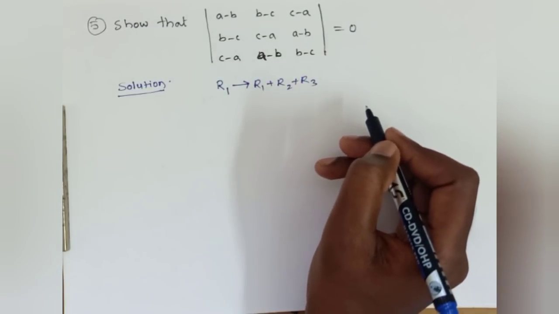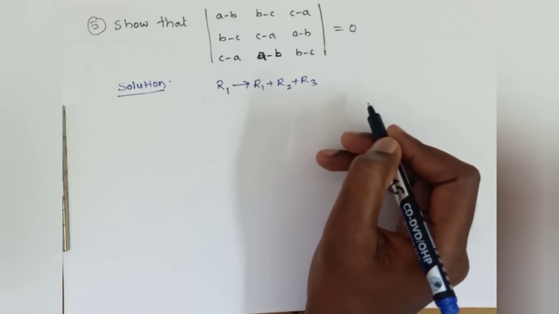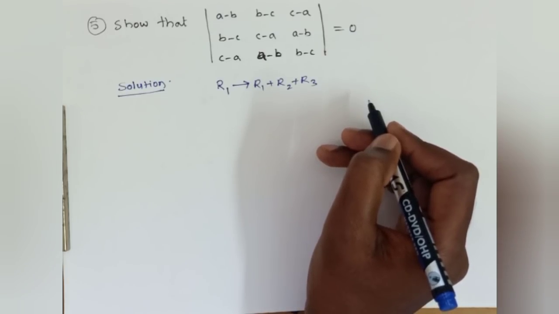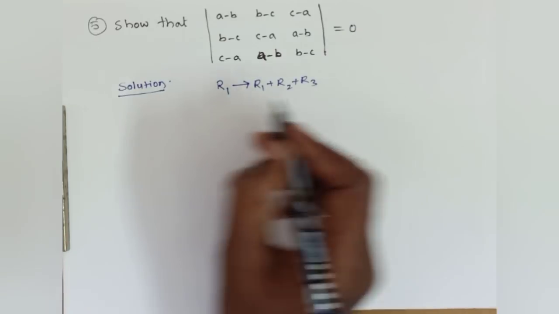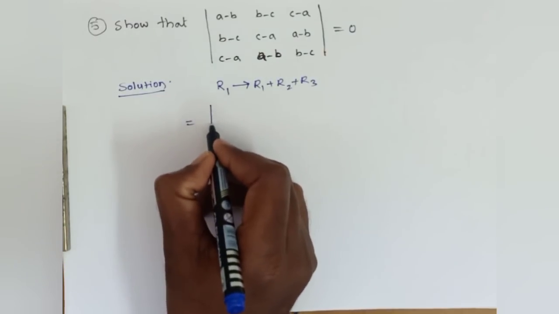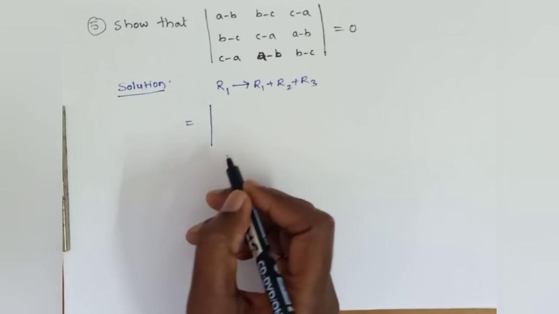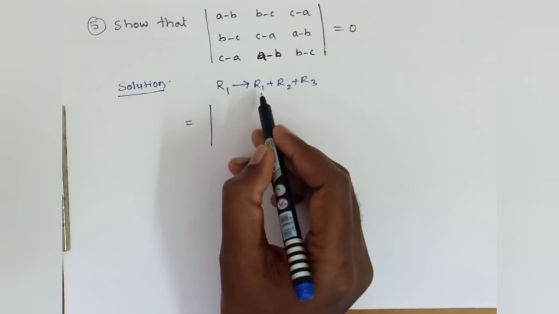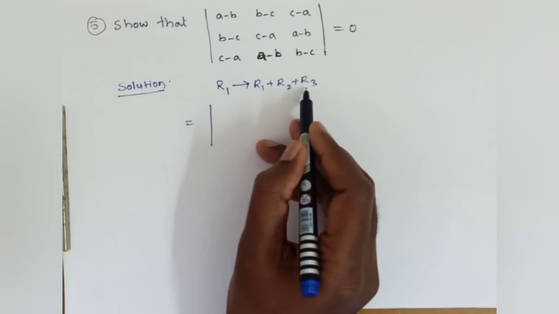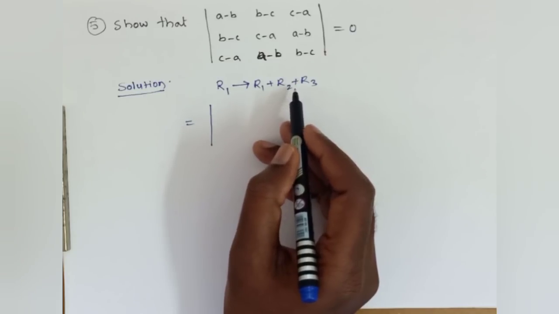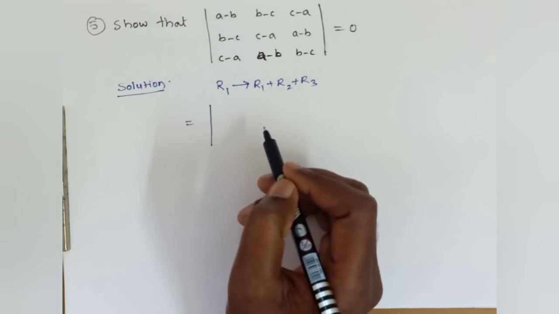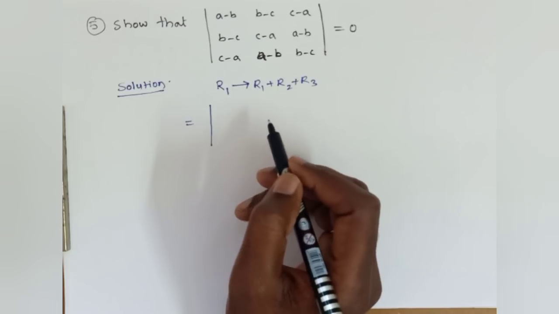You can apply any operation, no problem, and there is no change in the determinant. Already we have a property. So the corresponding elements of row 1, row 2, row 3, I am adding.